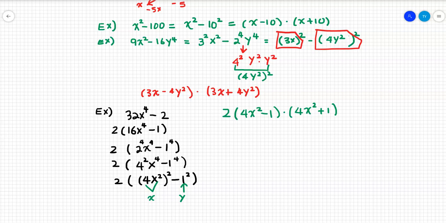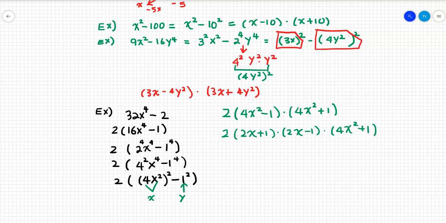Now, this one is prime, meaning that you cannot factor it any further. But this one can. That's why I asked you in the beginning to factor completely. If this is also factorable, you have to factor this too. You can apply the same thing the way we did here, using 2 squared x squared this time. Then you will end up with 2x plus 1 times 2x minus 1 times 4x squared plus 1.